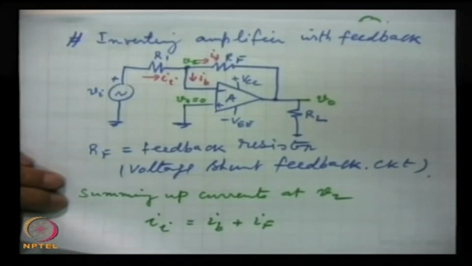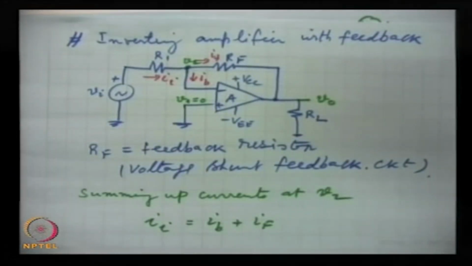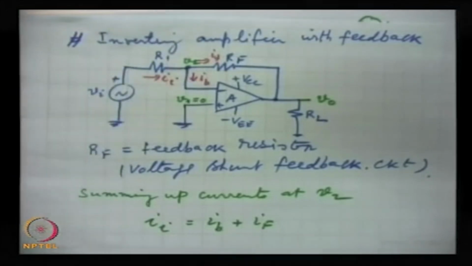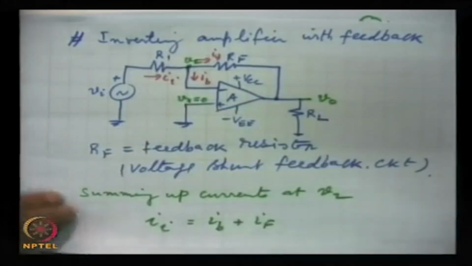If gain has to be 100, choose this 100k, this as 1k, the gain will be 100. How simple it is. You cannot think of any simpler amplifier in which you choose the gain, several parameters you would have to adjust and several parameters you have to calculate. Here simply two resistances you have to take of appropriate value, RF and R1.